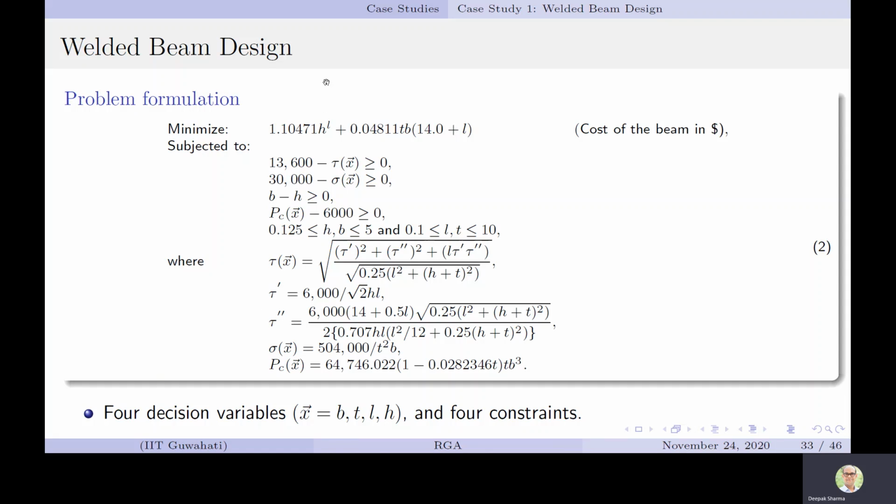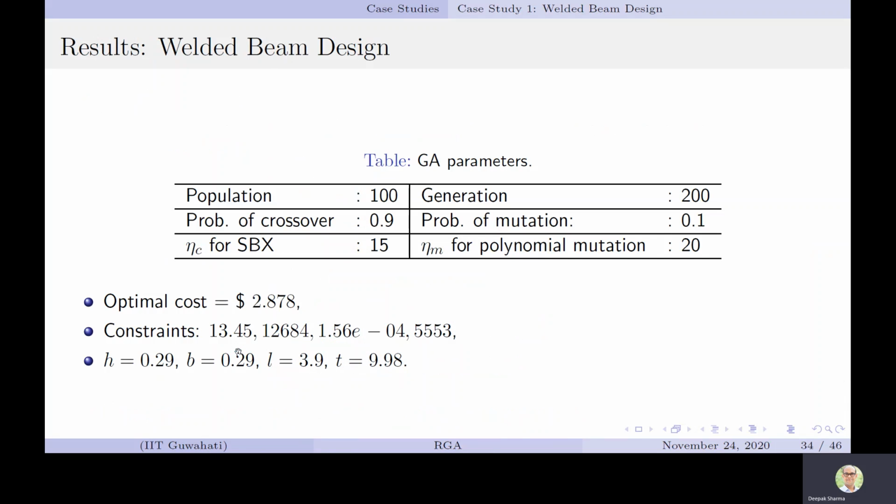What you can see is that in this particular problem, the equations are highly nonlinear, and this formulation is made using 4 decision variables and 4 constraints. When we use GA with a population of 100, crossover probability 0.9, SBX 15, 200 generations, mutation probability 0.1, and eta M 20, we get the optimal cost as 2.873.